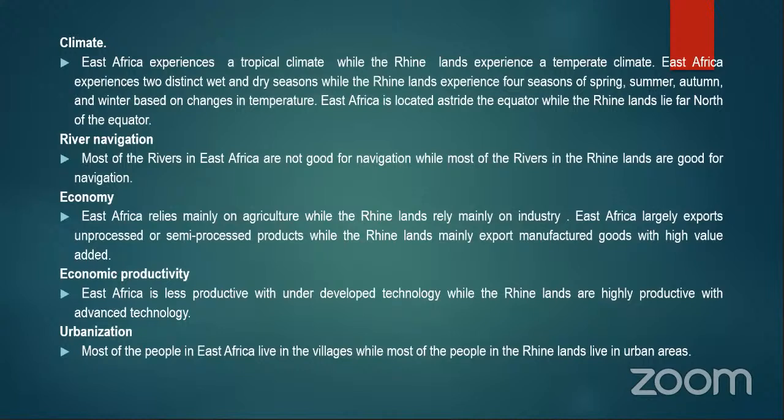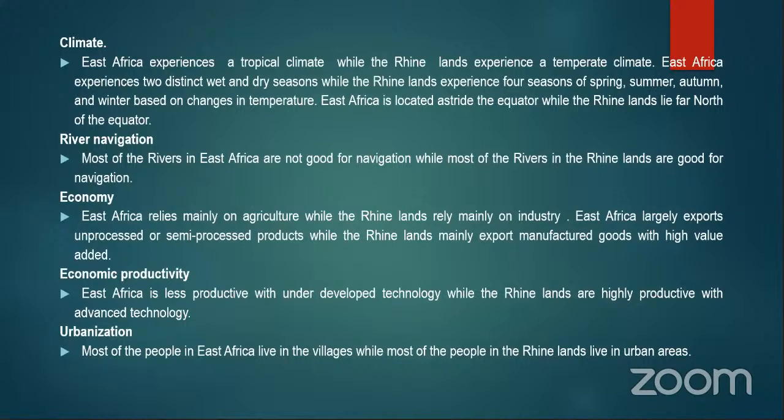Most of the people in East Africa live in the villages, while most of the people in the Rhinelands live in urban areas. Very good. We are saying that most people in East Africa live in villages. When we talk about villages, you know how villages look here in East Africa.